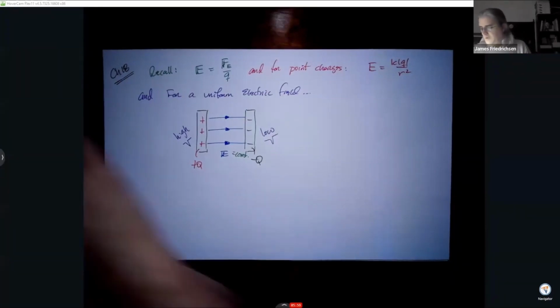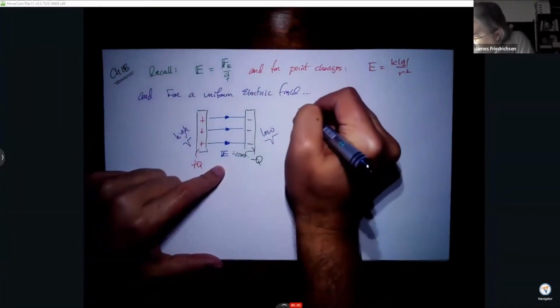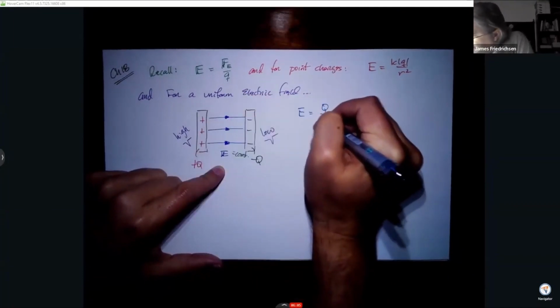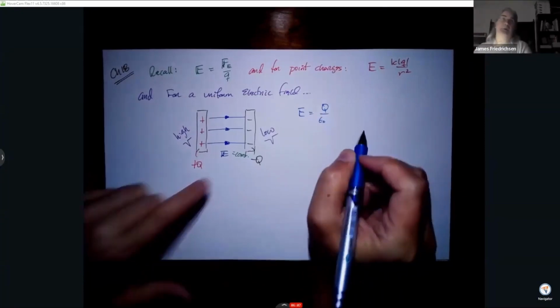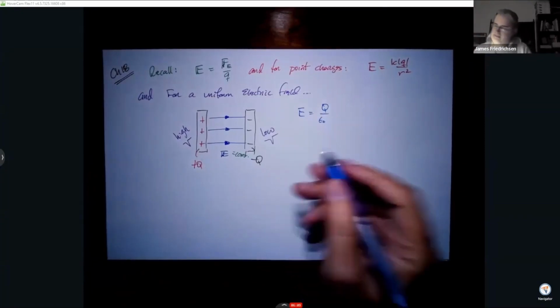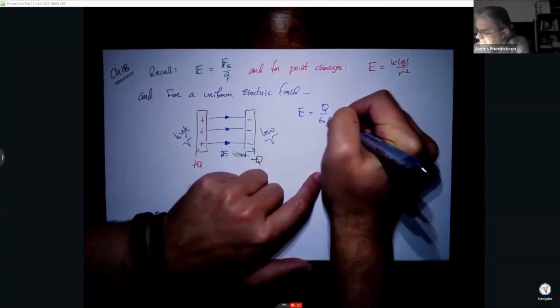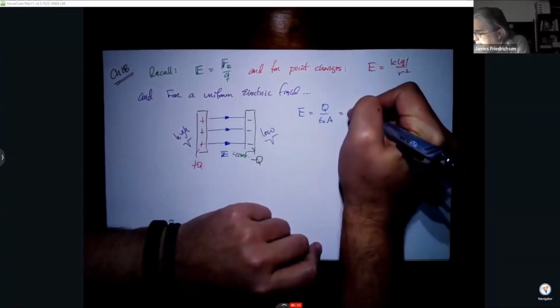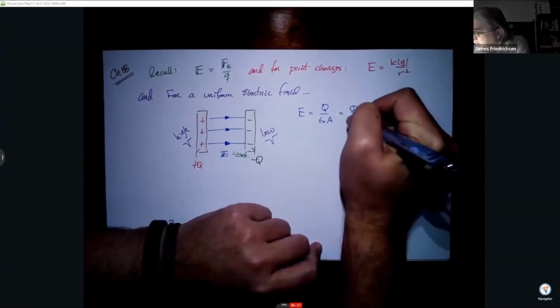And so for our formula here, we had that this was the charge on the positive plate over that permittivity of free space constant times the surface area of the positive plate. And like I said, if they get fancy, they write that as sigma over epsilon naught.